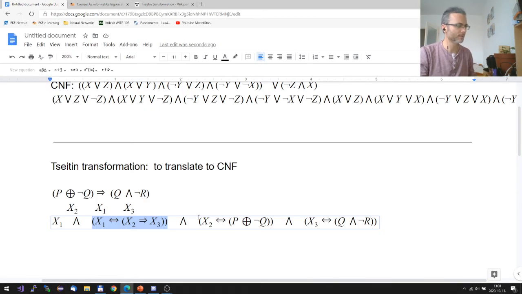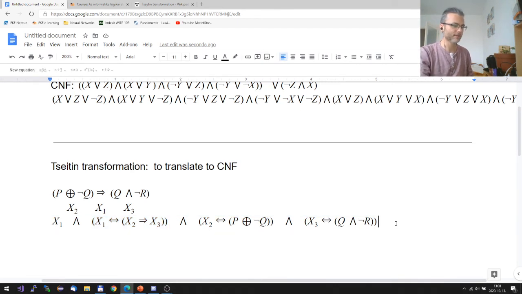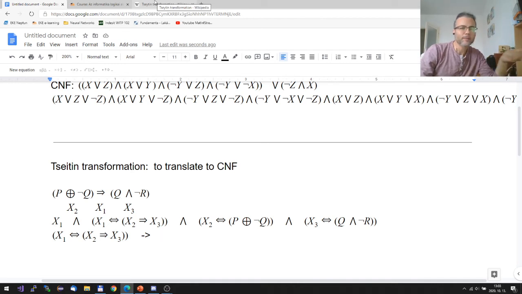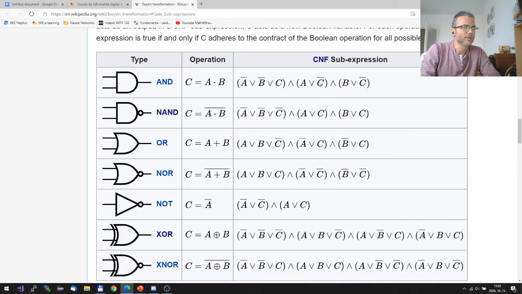Okay, let's see. So let me take the first equivalence here and let me translate it to CNF. So how to do that? Well, you could do that because you learned the other algorithm which we used in the exercise class. So it would be quite easy to translate this formula to CNF. It's not a problem. Or we could also use this table.